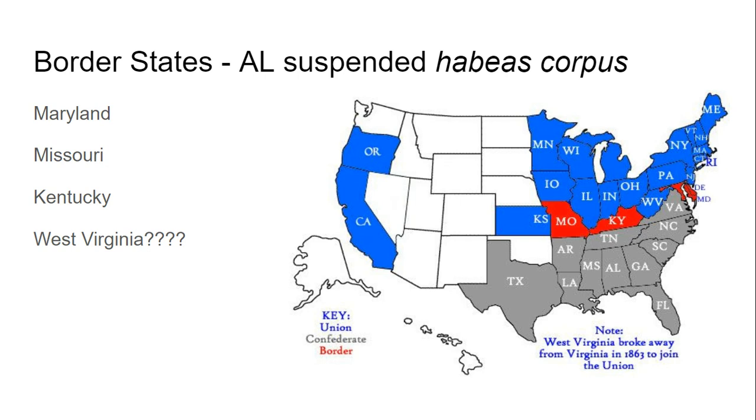Therefore, Abraham Lincoln suspended the writ of habeas corpus and had a number of politicians in Missouri arrested and put into jail without ever charging them with a crime, and some of them spent the entire war in prison.